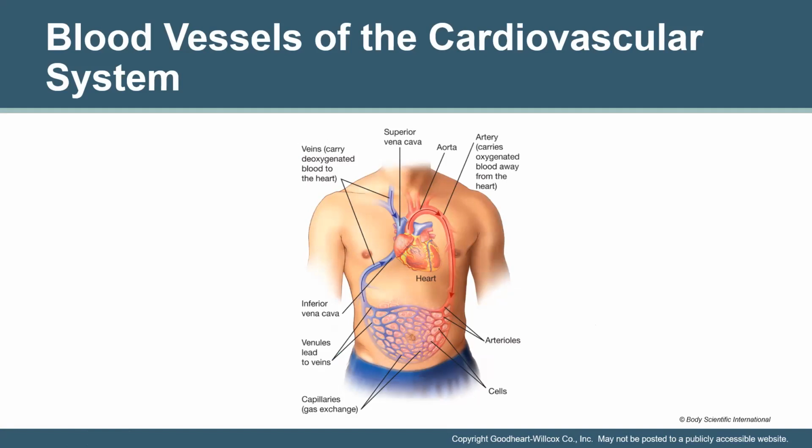The aorta, that is the great vessel that is going to be the first part of the systemic circulation, leaving the left ventricle, carrying freshly oxygenated blood, being pumped to all parts of the body.